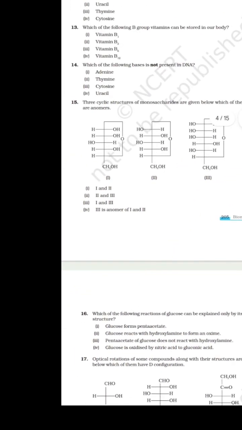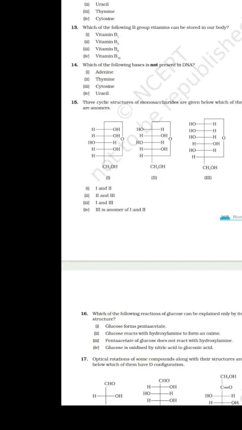Here, the 15th question: three cyclic structures of monosaccharides are given below. Which of these are anomers? Anomer means the two molecules differ at a specific carbon atom.